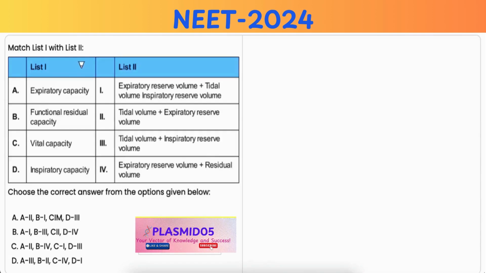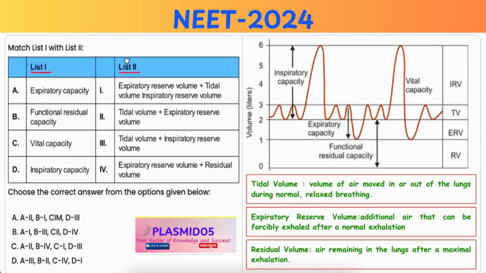In this question, you have to match the components given in list 1 with those in list 2. Now, expiratory capacity, that is EC, is equal to tidal volume, that is TV, plus expiratory reserve volume, that is ERV. Hence, A matches with 2. Now, functional residual capacity, that is FRC, is equal to expiratory reserve volume, that is ERV, plus residual volume, that is RV.